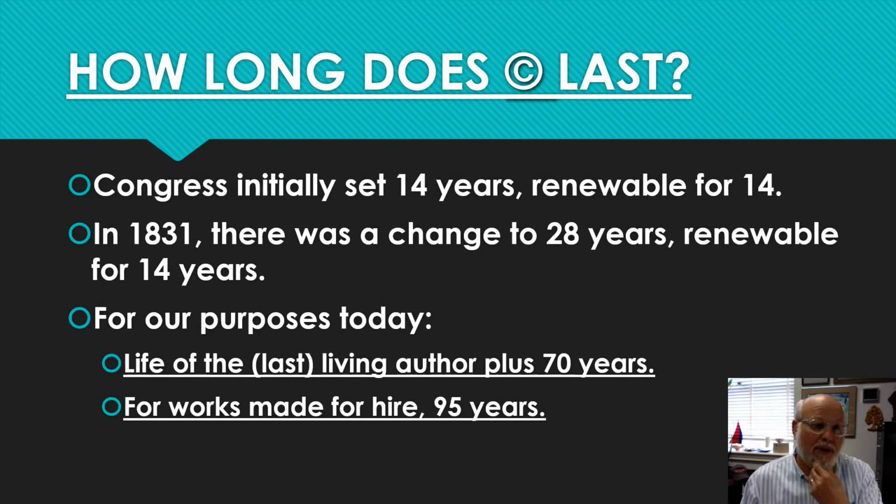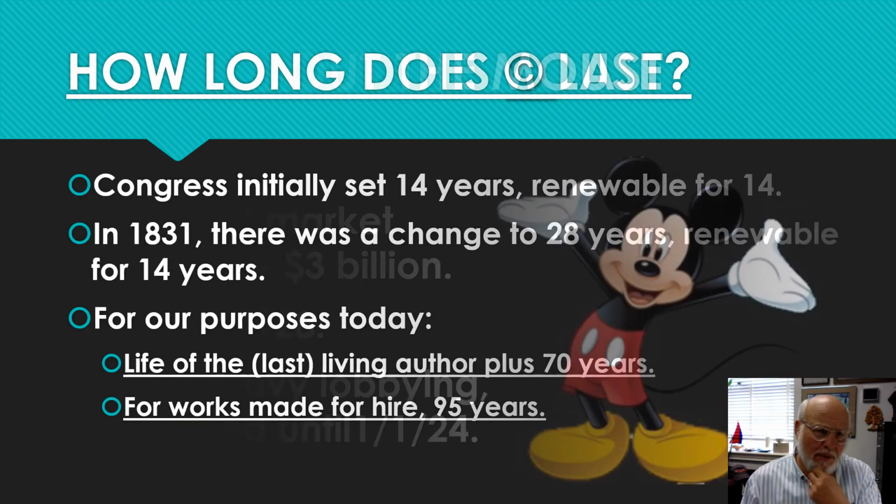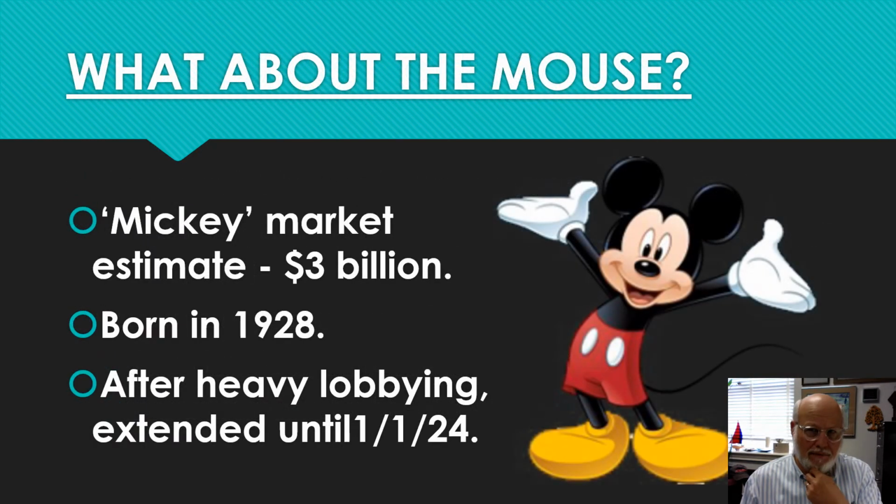So why do we care about how long this is lasting? Well, there are a lot of really valuable copyrights out there, and corporations have invested great amounts of funds in it. And the notion that Nike would no longer own the swoosh after 14 years is unthinkable. And then, of course, there's the mouse.